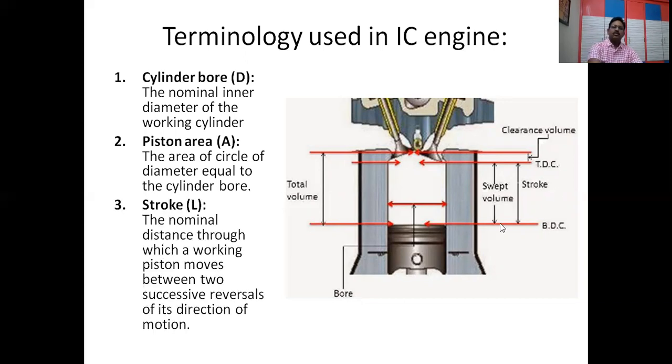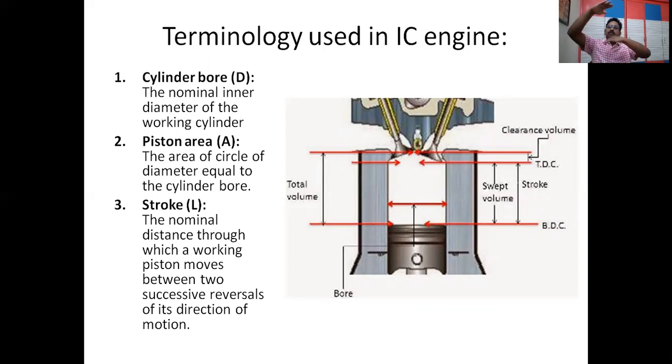Stroke length: the nominal distance through which a working piston moves between two successive reversals of the direction of motion. See, the piston will move up, and after some point it will go down, and after some point it will go up again.